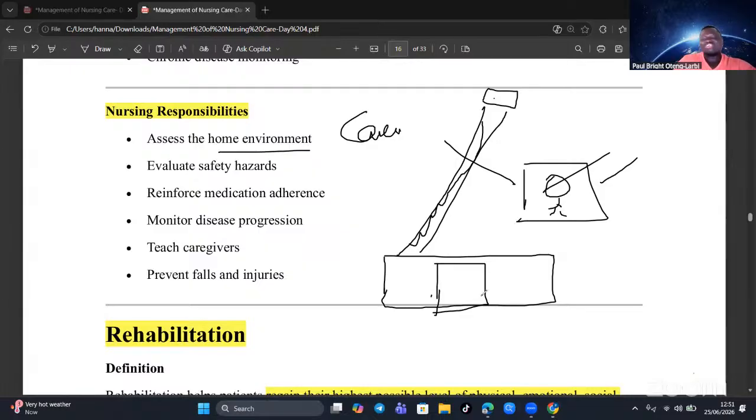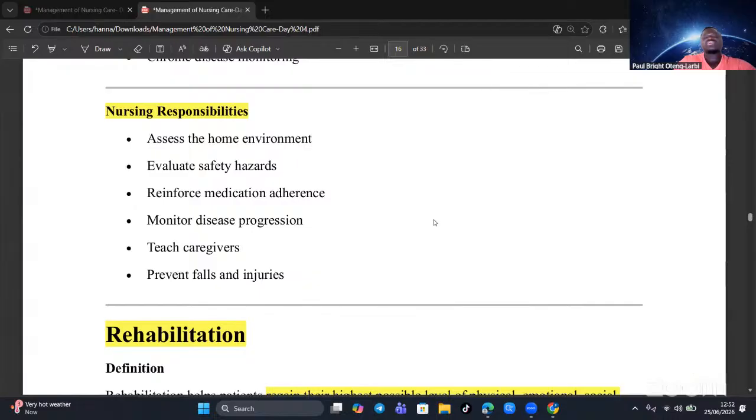We will make another plan for you. Otherwise, when you go, either you sleep in the hall or you try climbing the staircase and fall down and come back to the hospital, which we don't want.